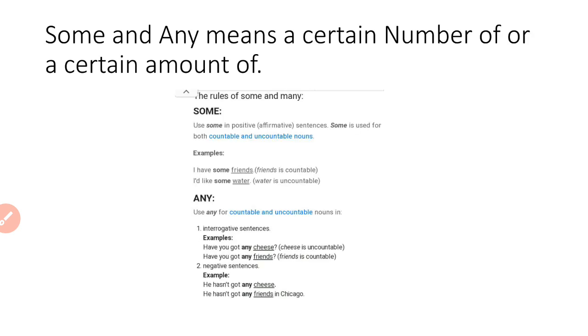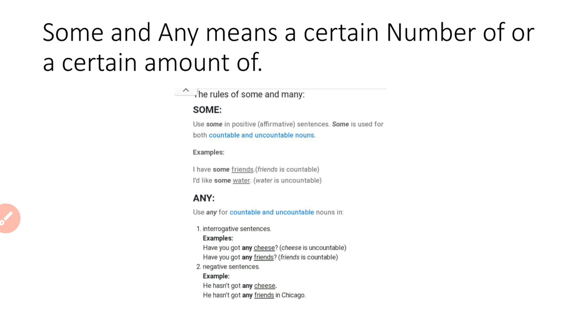Now it's very easy to use some and any in a sentence, because some is used for positive sentences and any is used for negative and interrogative sentences. But both some and any are used before countable and uncountable nouns both.